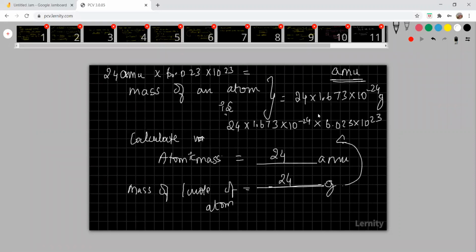So 24 times 1.673 into 10 power minus 24 is the mass of one atom in gram. If I multiply it with 100, I'll get the mass of 100 atoms in grams. If I multiply it with 12, I'll get the mass of 12 atoms in grams. Here I'm multiplying it with 1 mole, that is 6.023 into 10 to the 23. So I'll get the mass of 1 mole of atoms in grams, which is nothing but 24 grams. Hope I have made it clear to every one of you. Did you all understand?